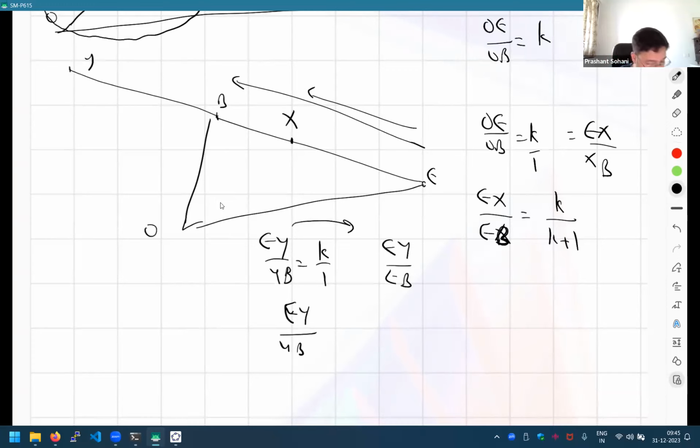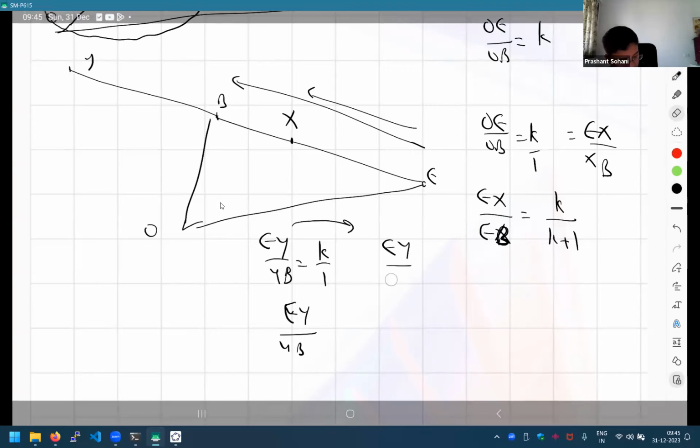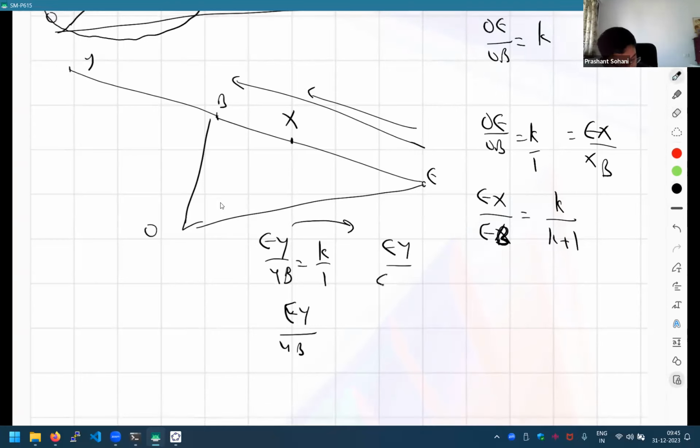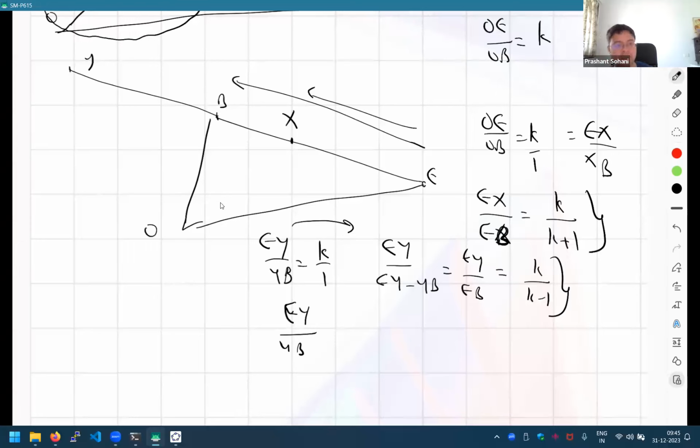So if I do EY upon EY minus YB, that will give me EY upon EB, right? And so that will be equal to K upon K minus 1. Okay, so I need the ratios K upon K plus 1 and K upon K minus 1, and if I apply those ratios with E as my center, then D will give me X and Y.